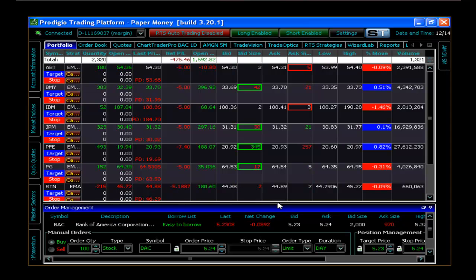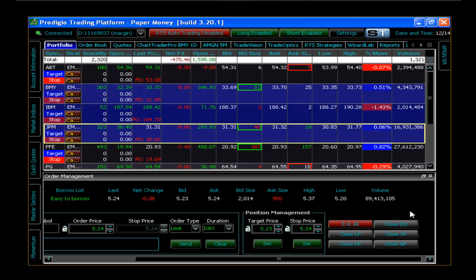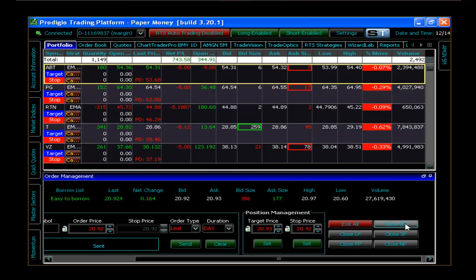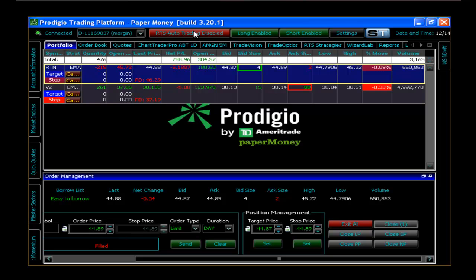I had it docked to the side. You can very quickly and easily liquidate several of these positions. So it's as simple as saying, get out of these positions. And if I have the robotic trading component on, it may get into more positions. So I can actually turn that on just to see positions come in for automated strategies that I've developed in Wizard Lab.